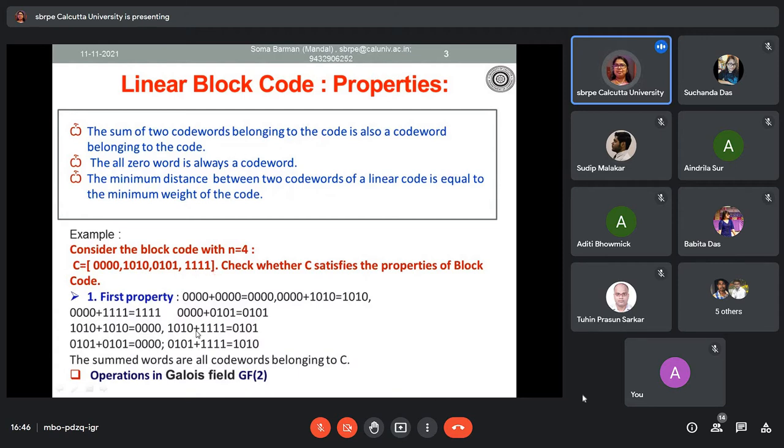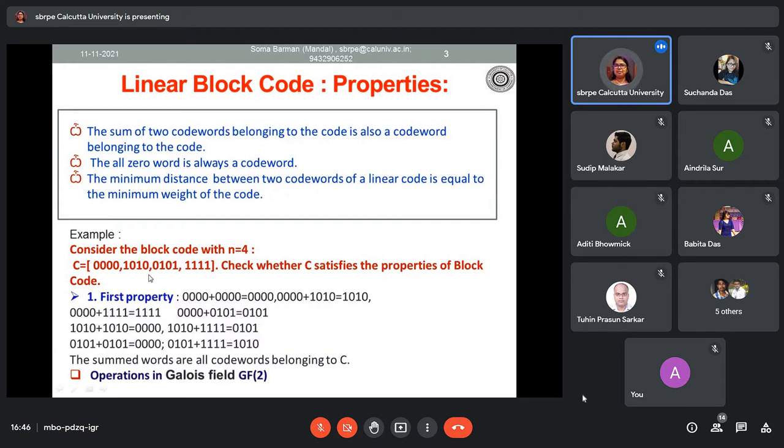If I add 1, 0, 1, 1 with 1, 0, 1, 0 with the last code word 1, 1, 1, what is generated? 1 plus 1, 0; 0 plus 1, 1; 1 plus 1, 0; and 0 plus 1 is 1. So you are getting 0, 1, 0, 1. So this also is a code word that belongs to C.